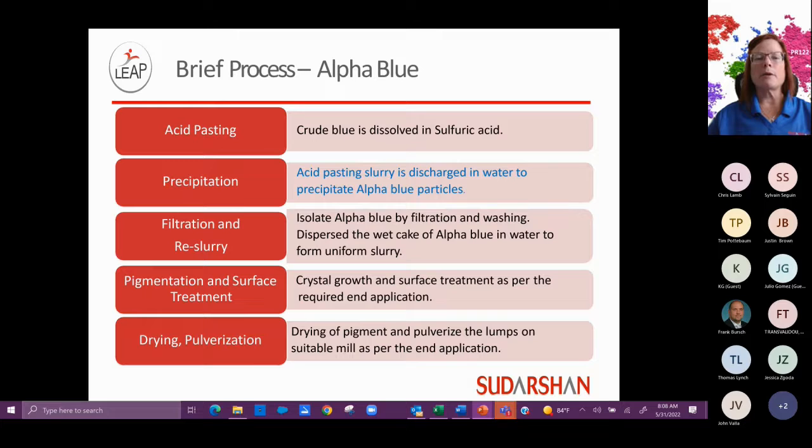Once those particles are created, they are filtered and cleaned up, and then the actual pigment is created by growing those crystals to the appropriate size and surface treating them per the end application. The last steps, as we've talked about in the past, are the finishing steps, which dry and pulverize the pigment to meet the end application.